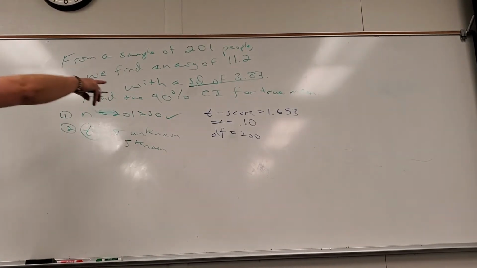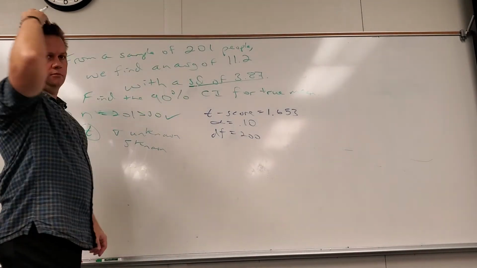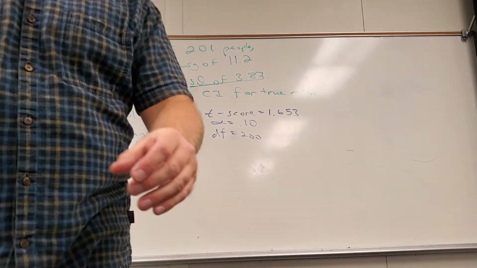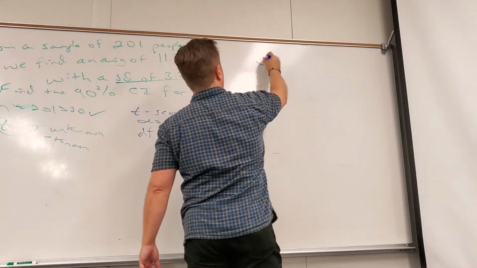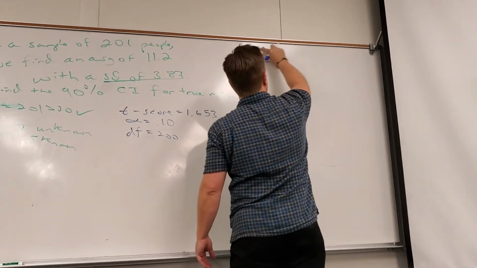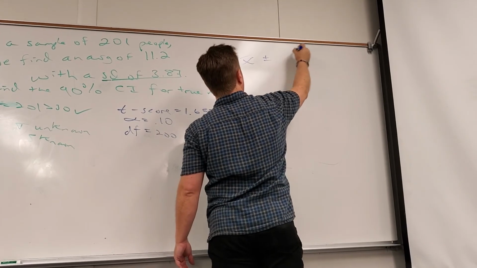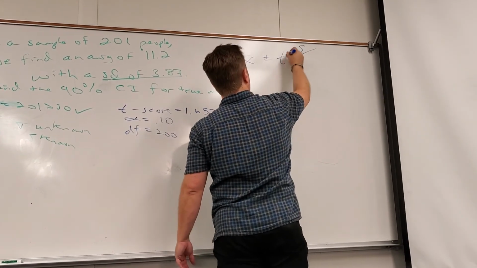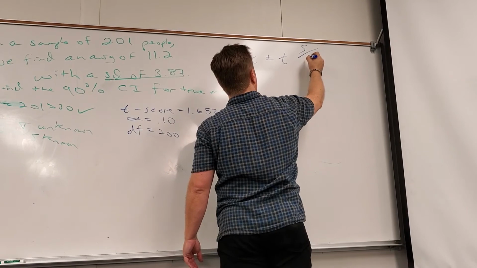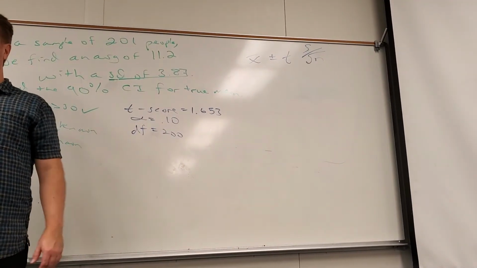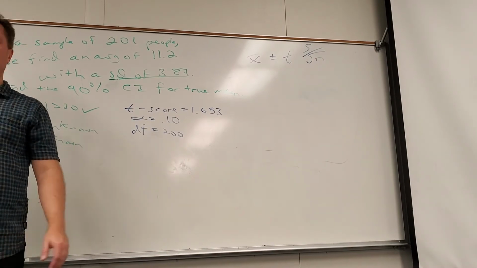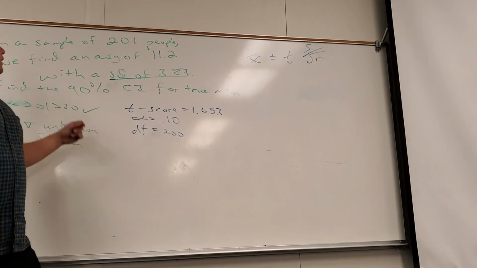All right. So what's the formula I'm going to use? Yes? Good start. X bar. Yeah, okay, good. And now I've got everything I need. And that'll be on your formula sheet. I've got X bar.